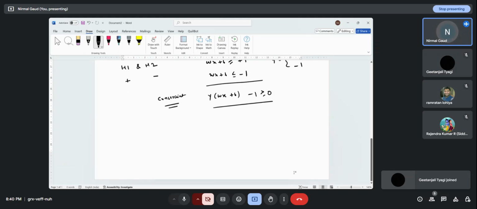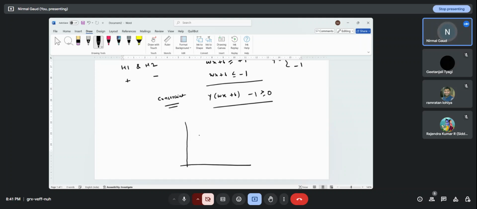And then again, I made the diagram, like this. This is your hyperplane. This is your H1. This is your H2. This is your positive class. This is your negative class.